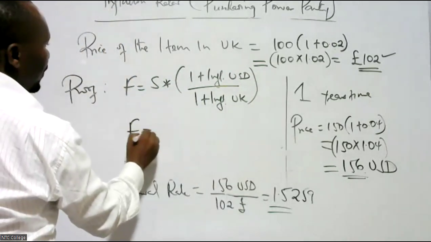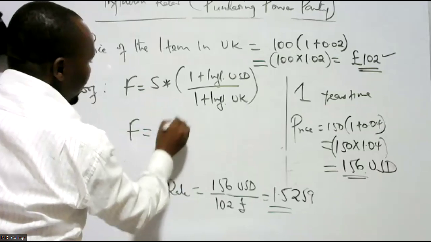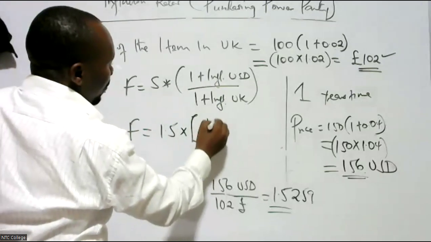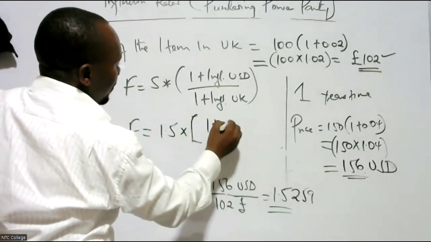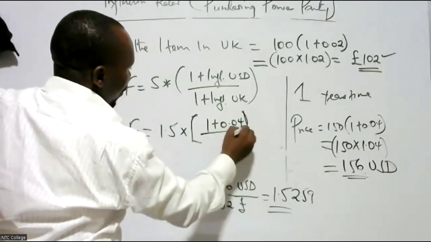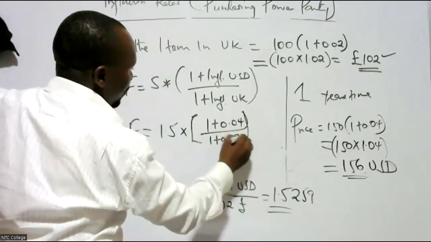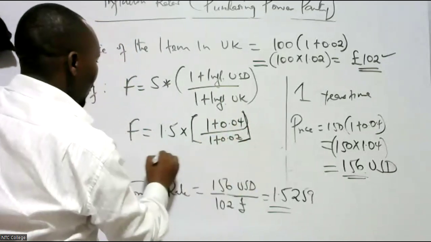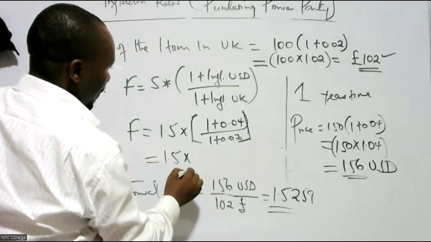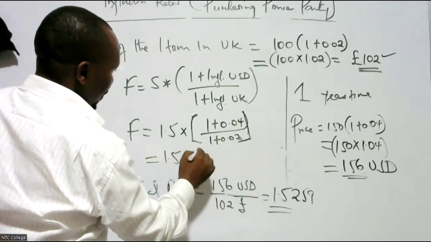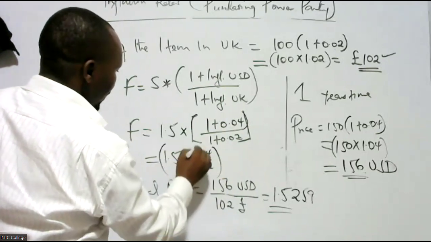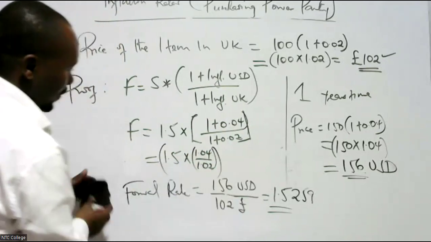Now, F is equal to 1.5, the current spot rate, times inflation in the US. You have given us 1 plus 0.04 all over 1 plus 0.02. So confirm if it is true. What do you get? 1.04 all over 1.02. Calculate and see if this gives you the same answer as this.